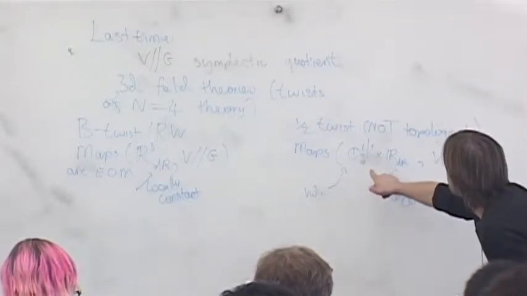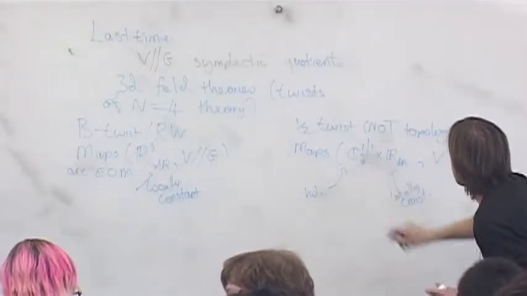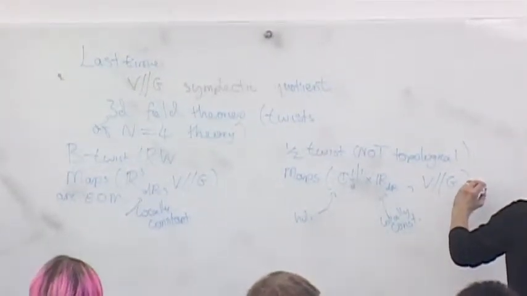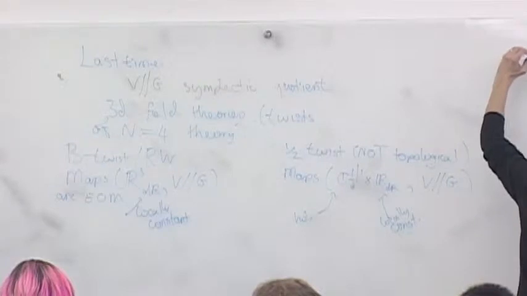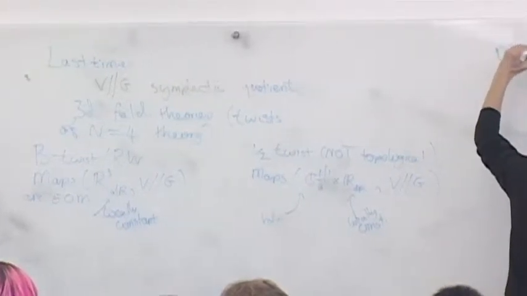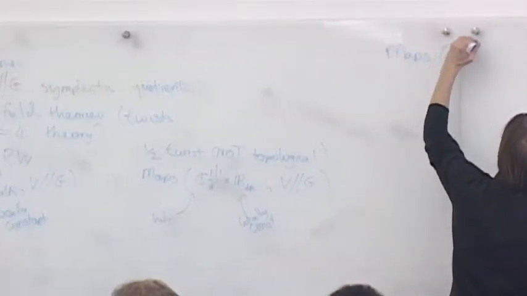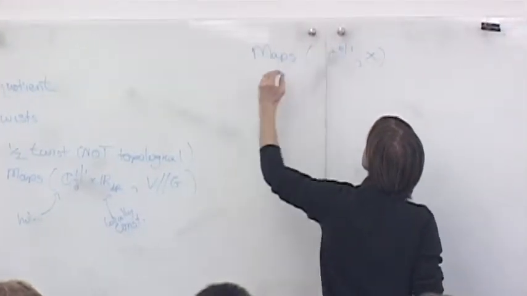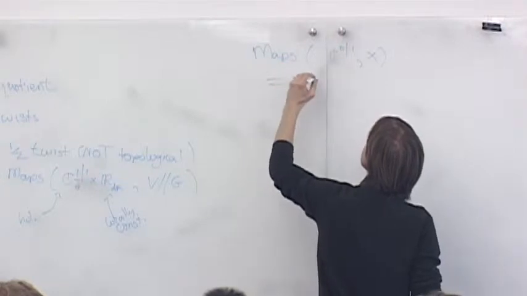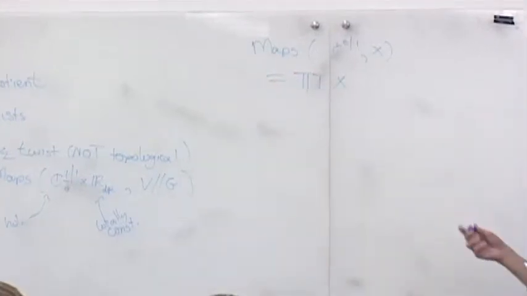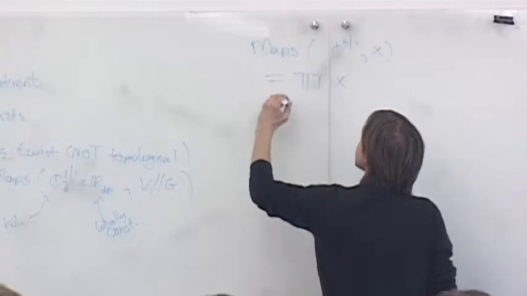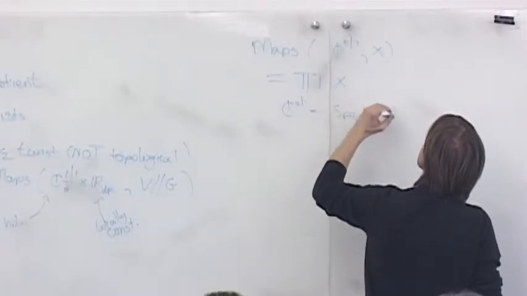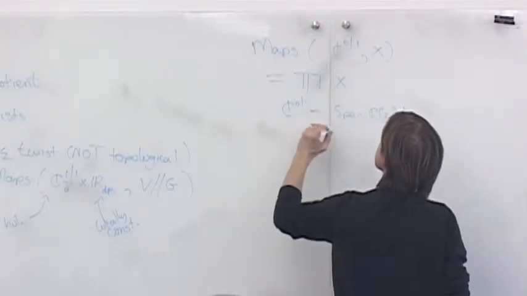So let's rewrite this in a slightly different way. Maps from C^{0|1} to anything, sorry, C^{0|1} to X is the shifted tangent bundle of X. The point is, we should think of C^{0|1} as the spectrum of C[epsilon]/epsilon squared, where epsilon is odd.